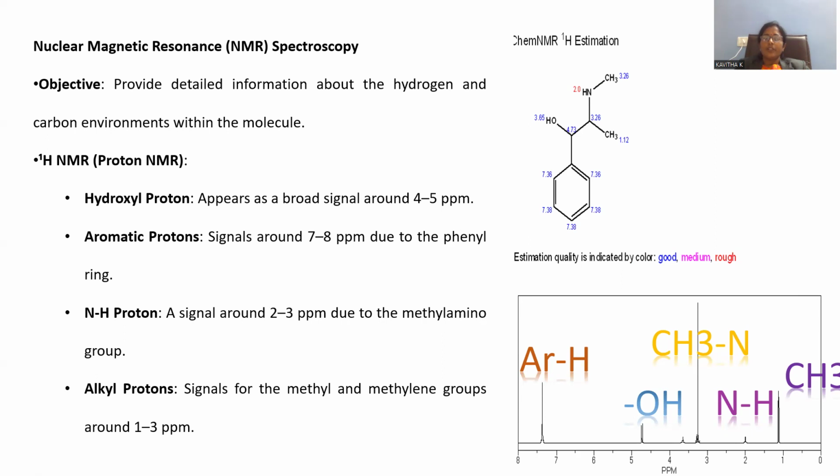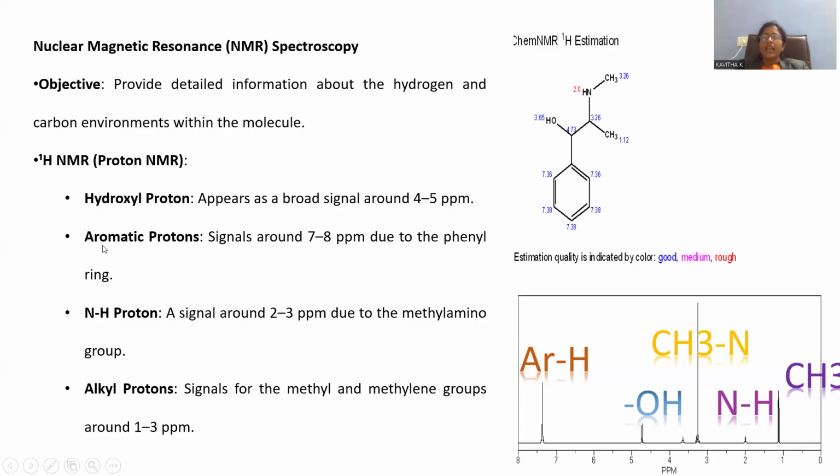According to the H NMR spectroscopy, we can observe the peaks, and these peaks are clearly observed on the delta scale. Hydroxyl protons appear in the range of 4 to 5 ppm. This is the characteristic peak for hydroxyl. Here the hydroxyl is around 3.65, and you can notice that OH peak.